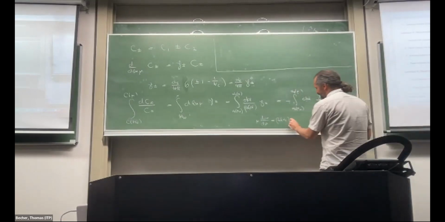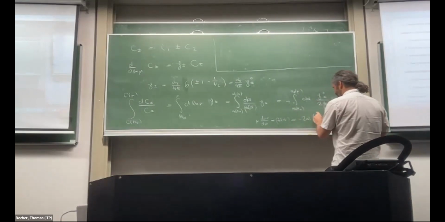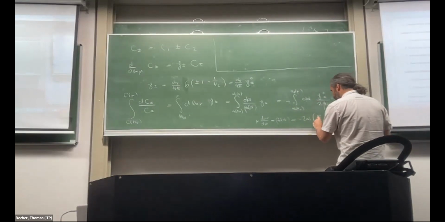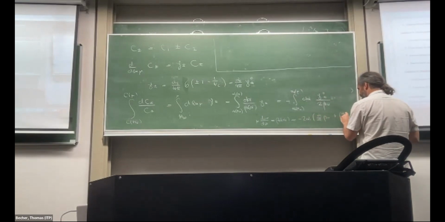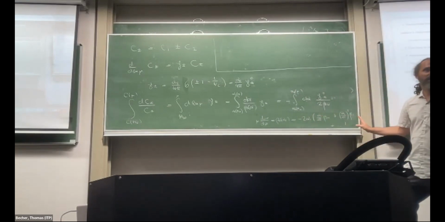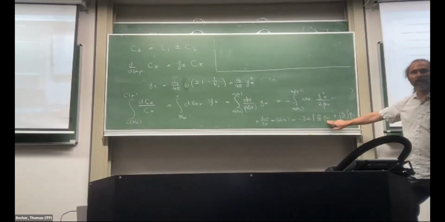It has this minus 2 alpha s, and then a series of alpha s over 4 pi, beta 0 plus alpha s over 4 pi squared beta 1 plus etc. And this has been computed to 5 loops, so these coefficients are known. I can just look them up. And for us, we'll only need the lowest one.